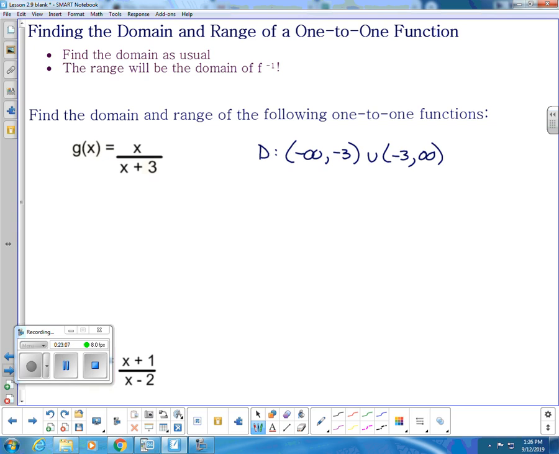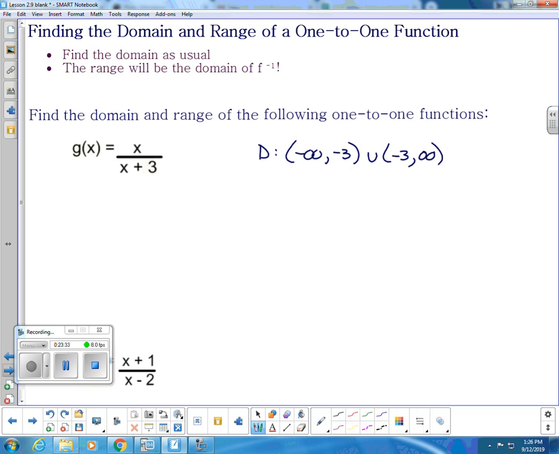The domain and range are going to switch, right? So if I have the inverse's domain and range, then this becomes the function's domain, and this is the function's range, right?